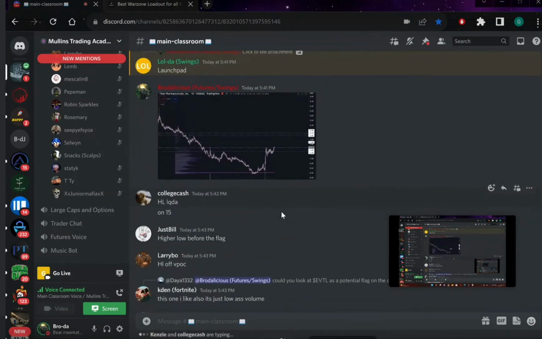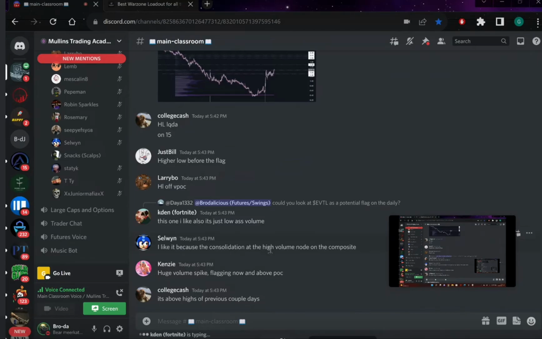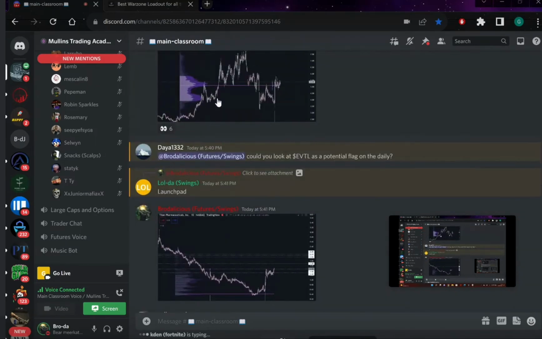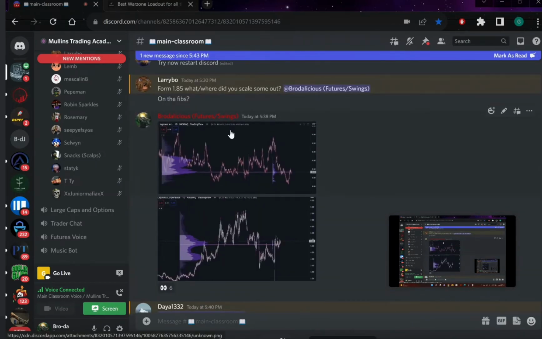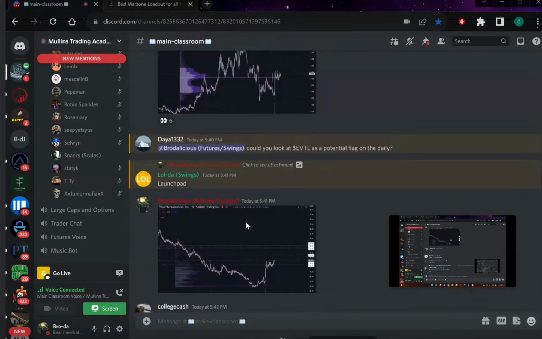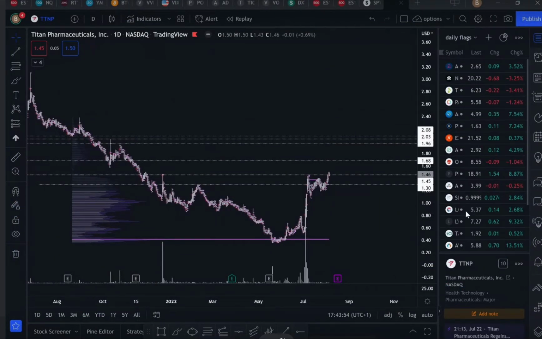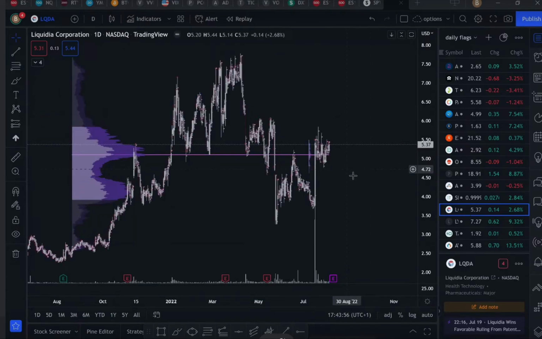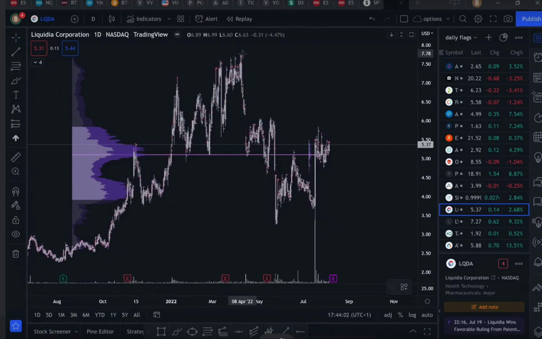Right, so if it's consolidating, like Selwyn said, if it's consolidating at the higher volume node on this fixed range composite profile, then what have we got above it? Anyone? Or ranges.